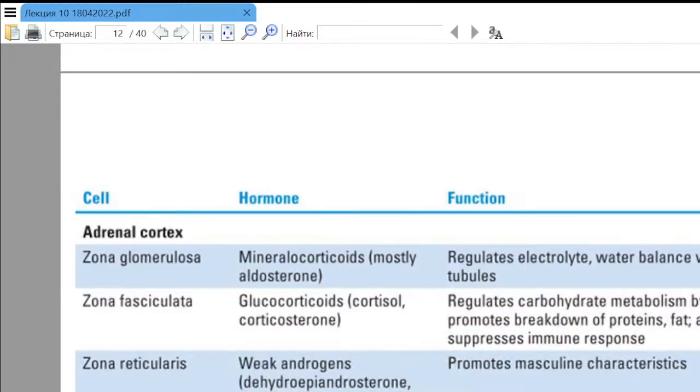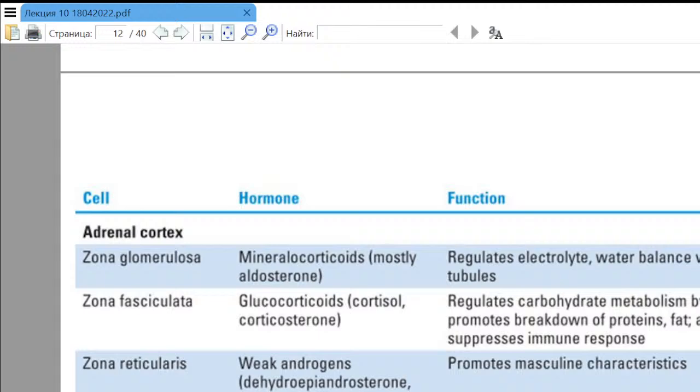Cells of the adrenal cortex synthesize hormones which perform different functions.